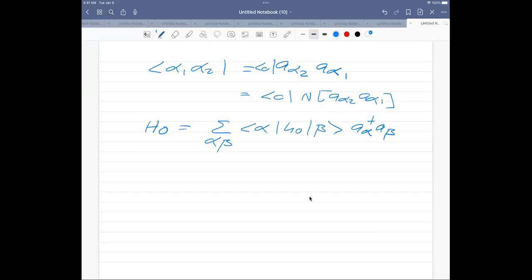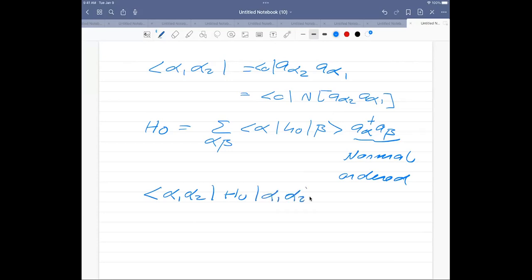So we would say that this operator here is also normal ordered. So what does this mean when we now are calculating expectation values? So let's suppose that we want to calculate this expectation value, alpha 1, alpha 2 of H0 of alpha 1, alpha 2.